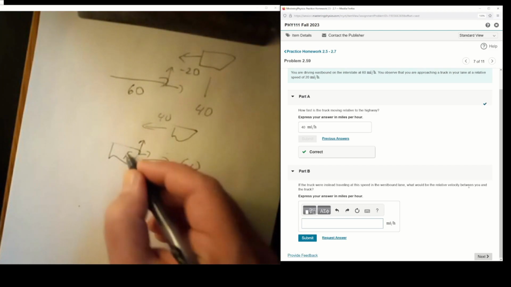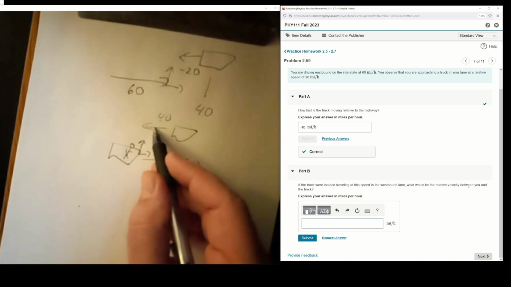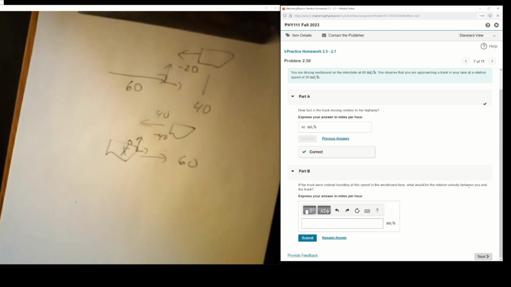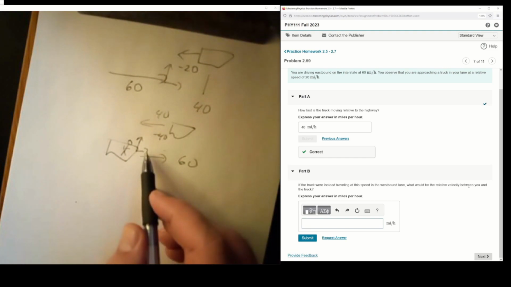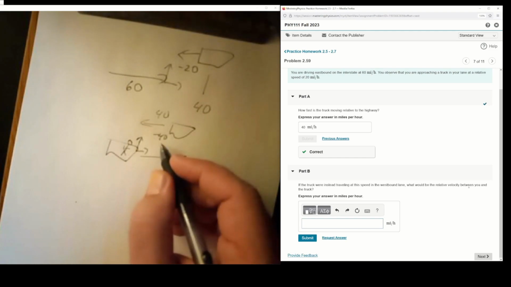If as we stand on our coordinate system, we measure the car going this way then at minus 40 in our coordinate system. Well, from Earth, I should say there.